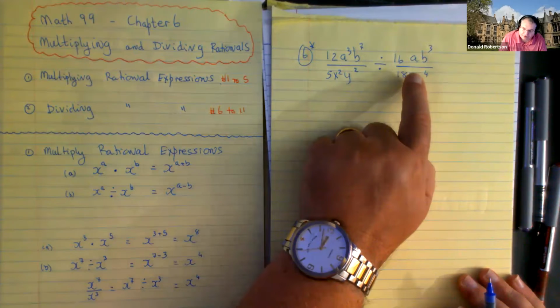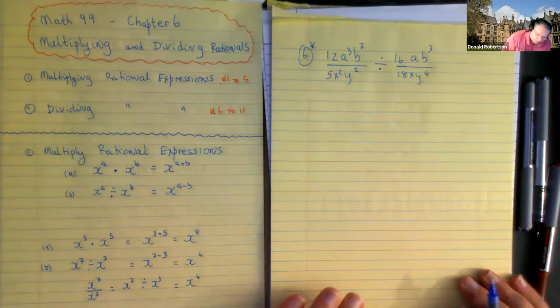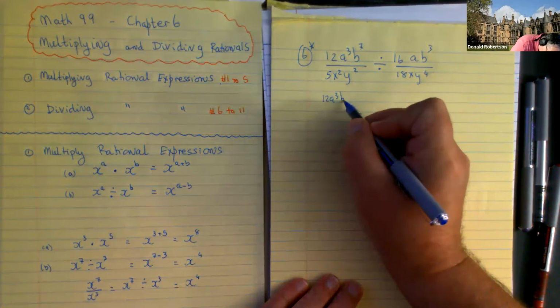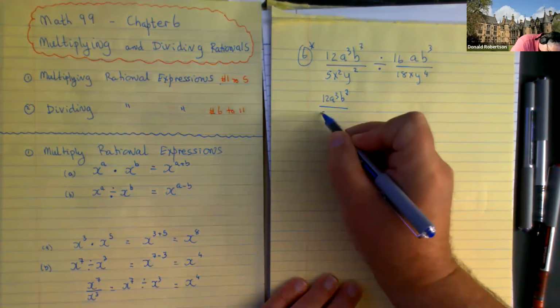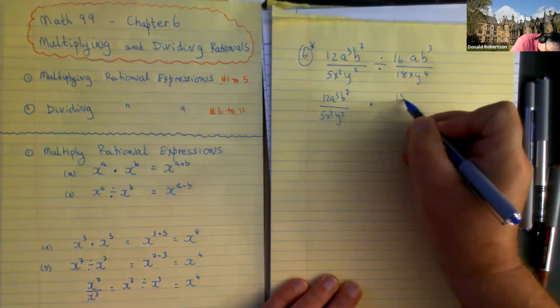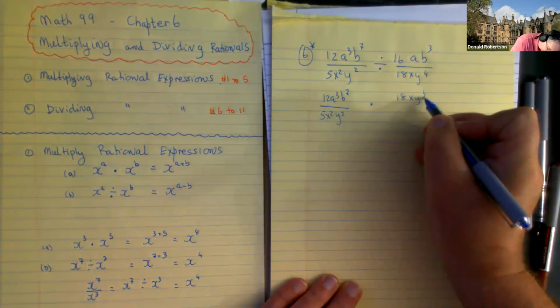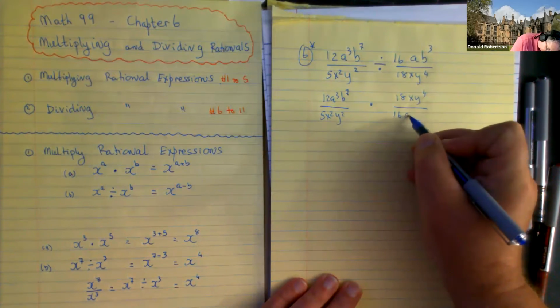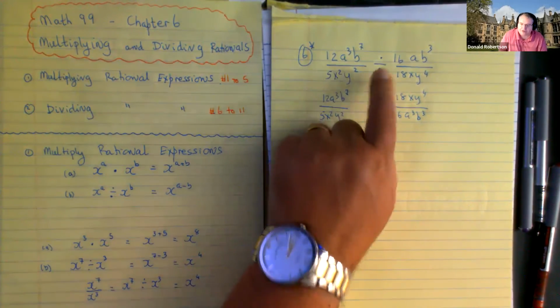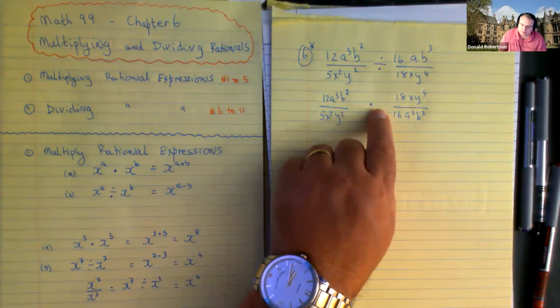Now, there's one extra step in division, and that is essentially to take this calculation and turn it into an equivalent multiplication. So you take the first one, leave it alone, don't do anything to it. Then you turn the other one upside down, which is its reciprocal. There's a trick that says dividing by a fraction is the same as multiplying by its reciprocal.